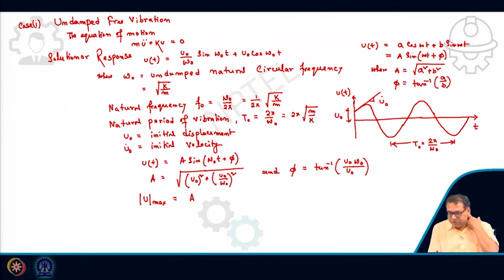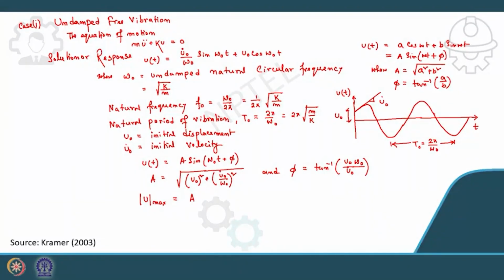So these U0 and U0 dot are the initial conditions, that is, U0 when t equals 0, and the velocity U dot 0 when t equals 0.